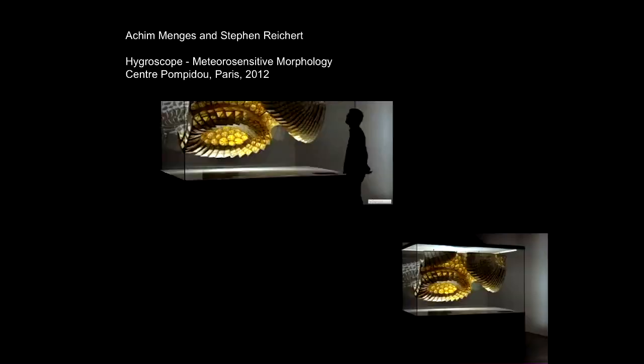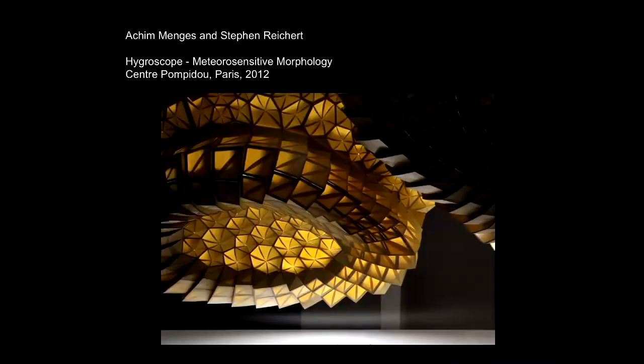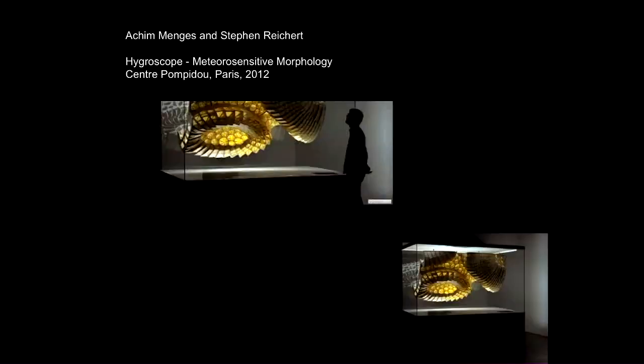I don't know if I have the chance to, maybe we can quickly look at it. But this is just one last image, one last project. It was for an art installation where Menges designed this type of sculpture, let's say, that would actually move. Parts of this would move according to the humidity that was controlled in this box structure.